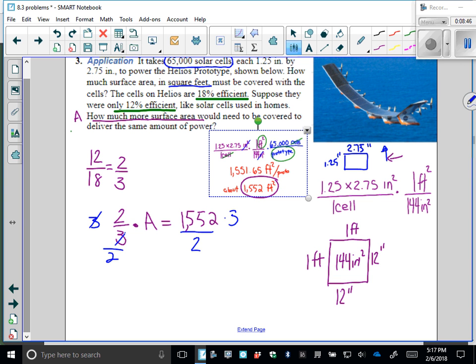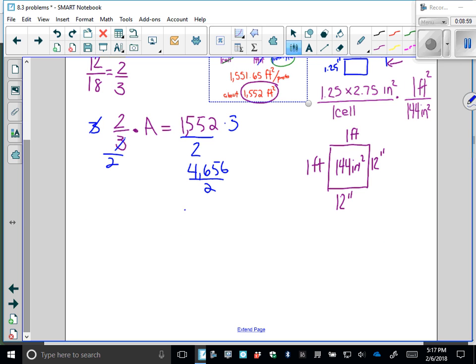So 1,552 times 3 is 4,656. Divide that by 2, and that's 2,328 square feet. So I'm going to take that value and subtract out my 1,552 square feet to see the difference.